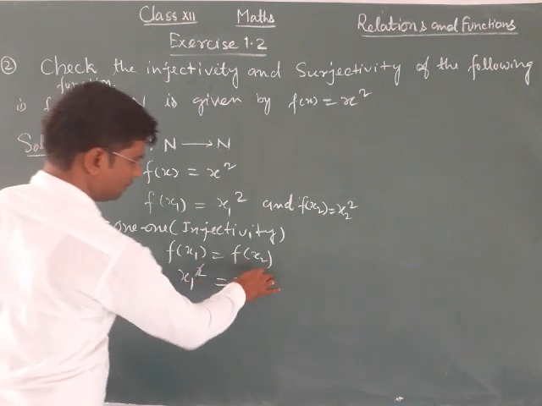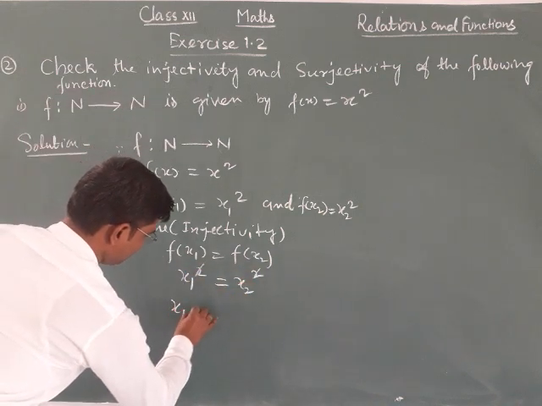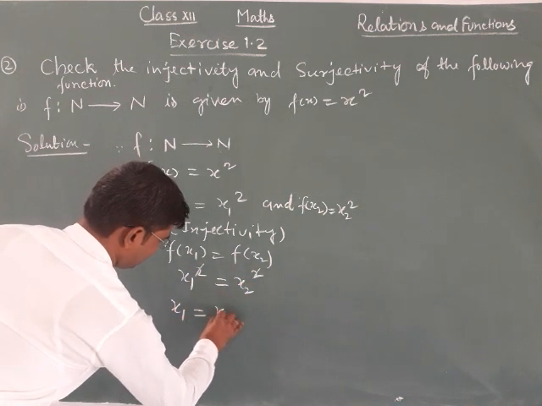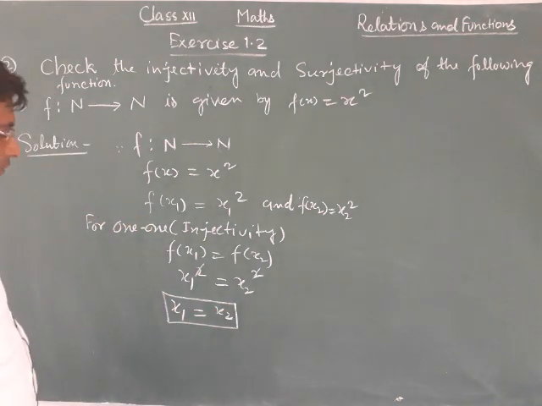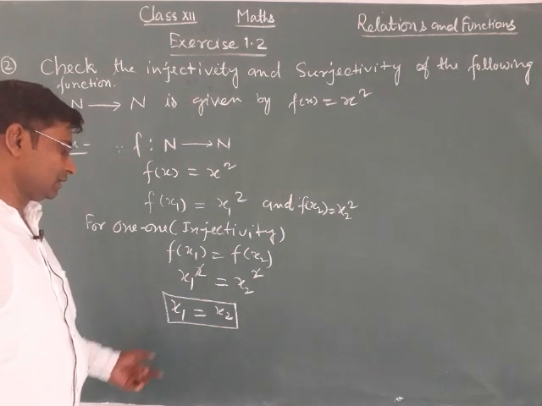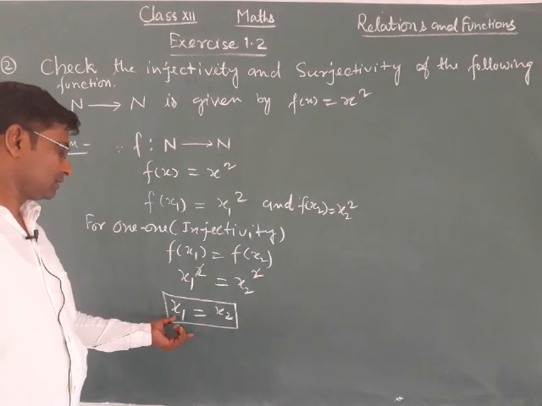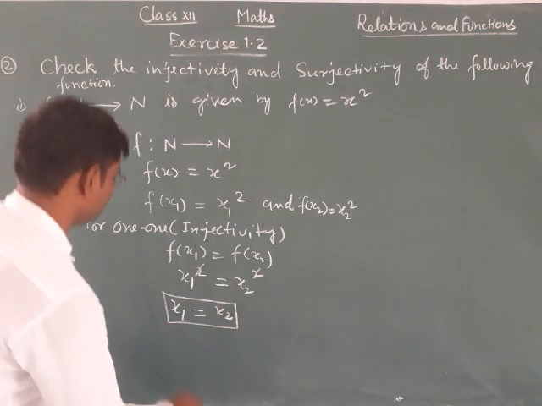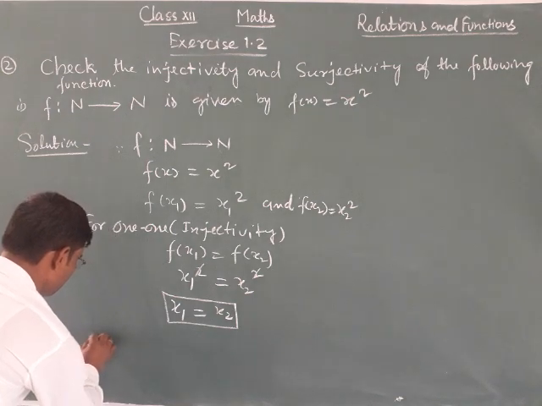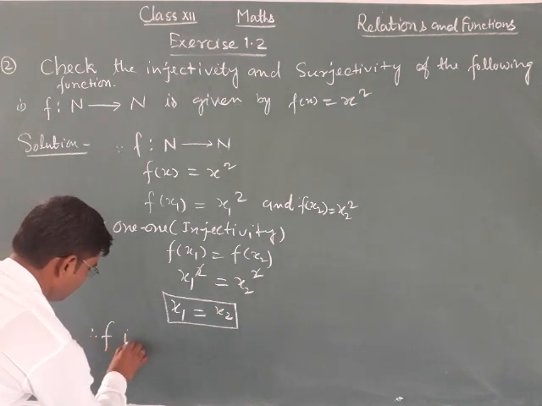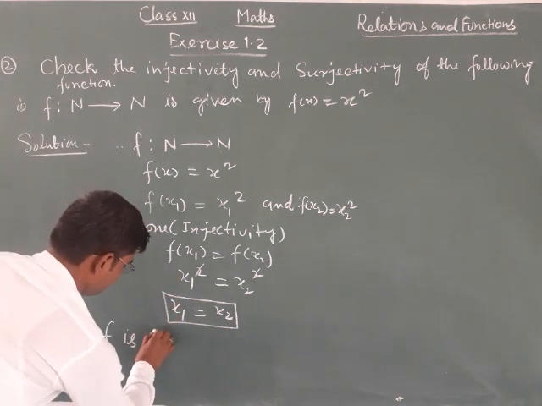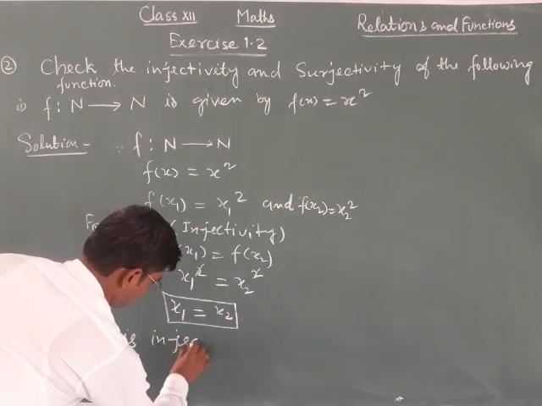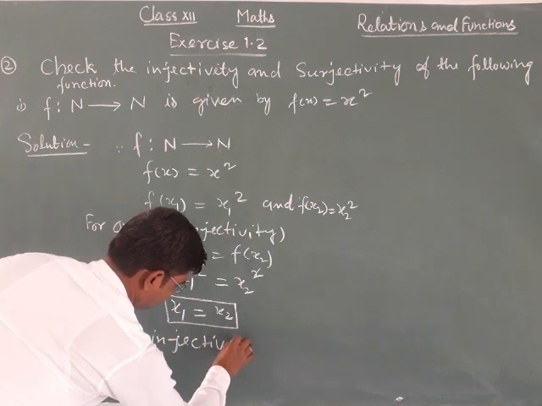So the squares cancel out, x1 is equal to x2. Images of distinct elements are distinct. Therefore function f is injective.